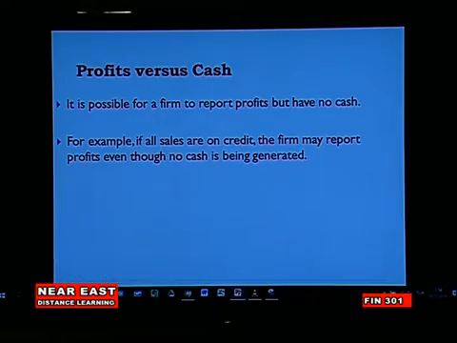For example, if all sales are on credit, the firm may report high profit but have no cash. Maybe this will be a big problem for the company because the company has creditors.